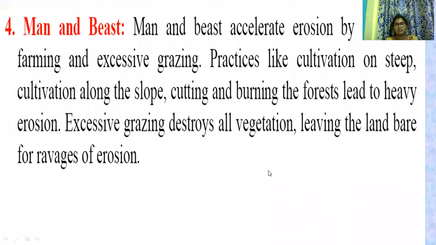And man and beast. Man-made erosion is caused by extractive farming and excessive grazing. Practices like cultivation on steep slopes, cultivation along the slope, and cutting and burning the forest lead to heavy erosion.